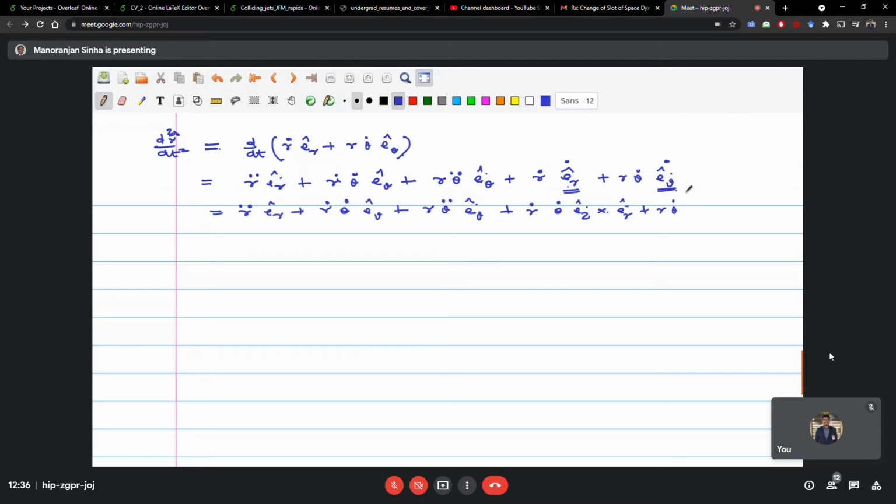In the same way, E theta is a vector which is perpendicular to R. And as the R vector is rotating, this perpendicular vector also rotates at the same rate. So here also we write in the same way, theta dot times Z cap, this is omega cross E theta cap.